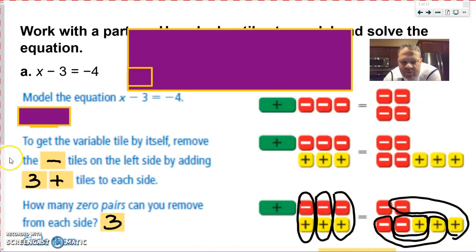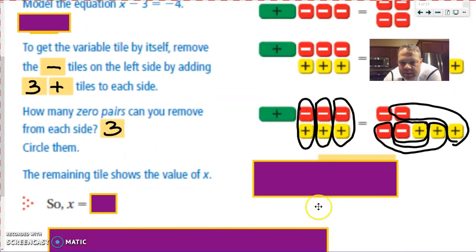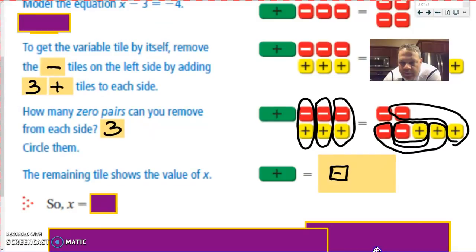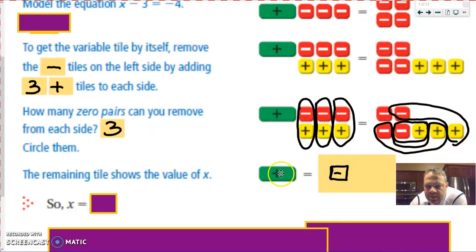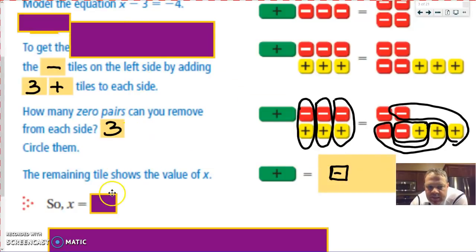So what that leaves me with on this right side is an x, which is right here, equals negative 1. So therefore, in our problem, x equals negative 1.